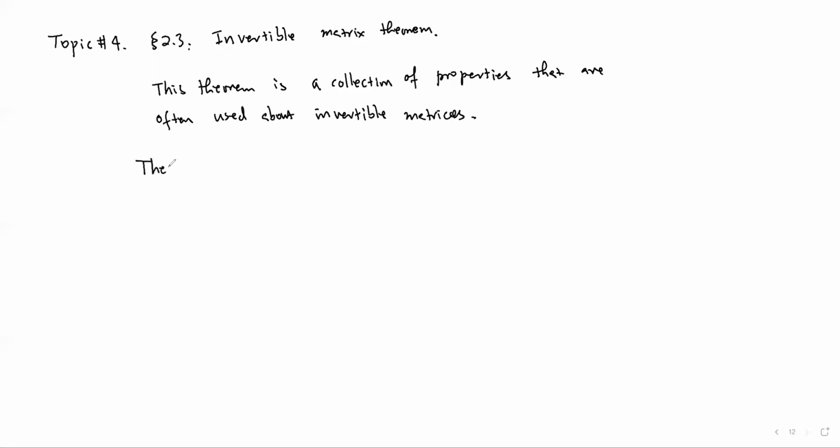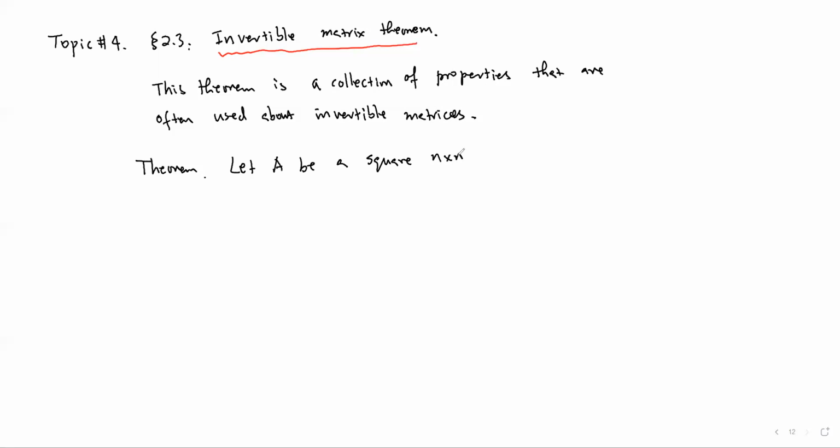Theorem. The name of this theorem is the invertible matrix theorem. Let, of course, A be square. Whenever we talk about the inverse of a matrix, we assume the matrix is square.